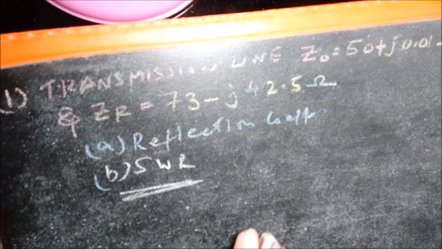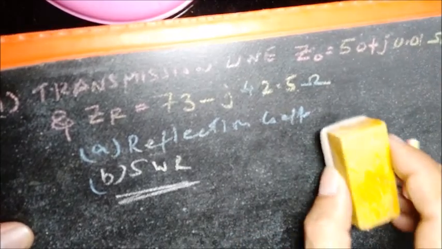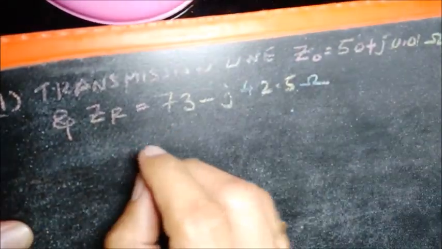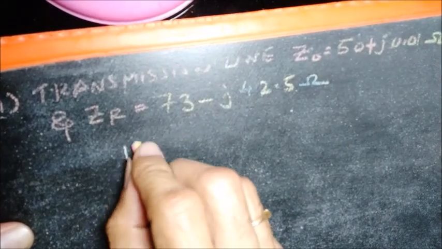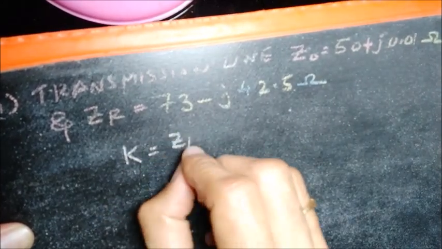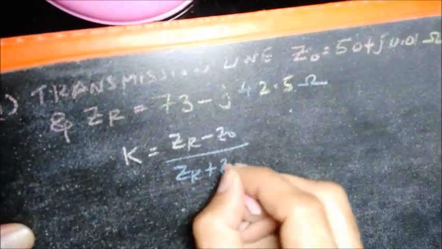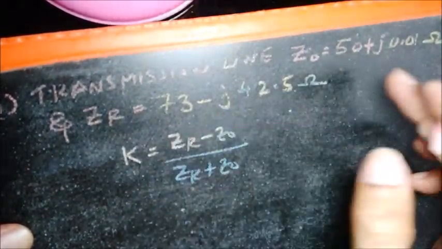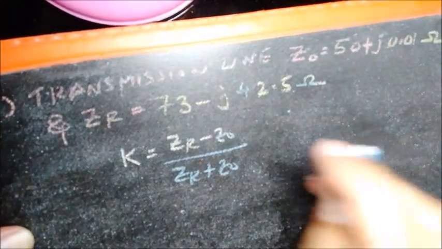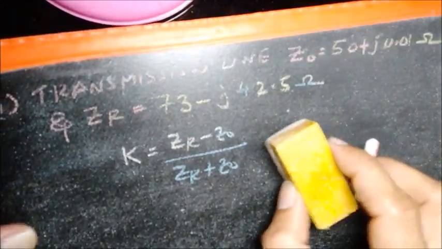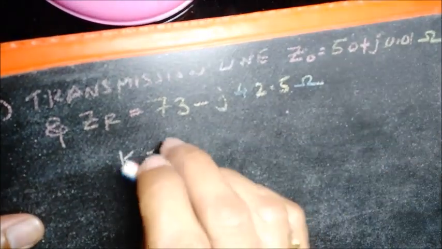So the formulas we have already discussed. I'll start with the reflection coefficient. The reflection coefficient K is given by ZR minus Z0 divided by ZR plus Z0. ZR is given, Z0 is given. We subtract the two.